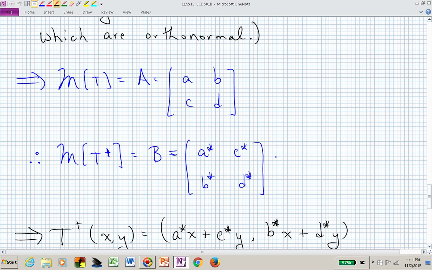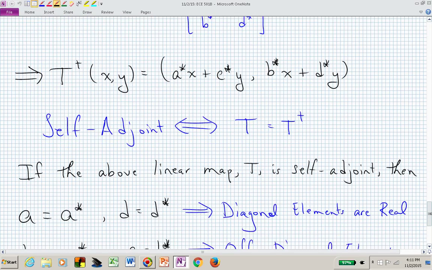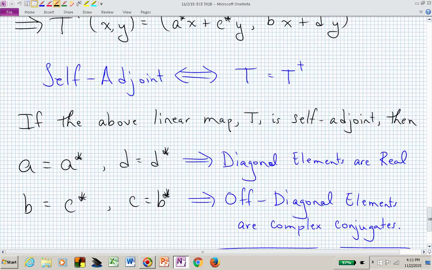And if A equals B, then we need A and A star to be the same. We need D and D star to be the same. And if A is equal to its complex conjugate, what does that mean about A? It has to be real. And D then also has to be real, and that's what I'm trying to conclude here. If that map T is self-adjoint, then A equal to A star and D equal to D star says these diagonal elements on that matrix representation of the linear map are real.